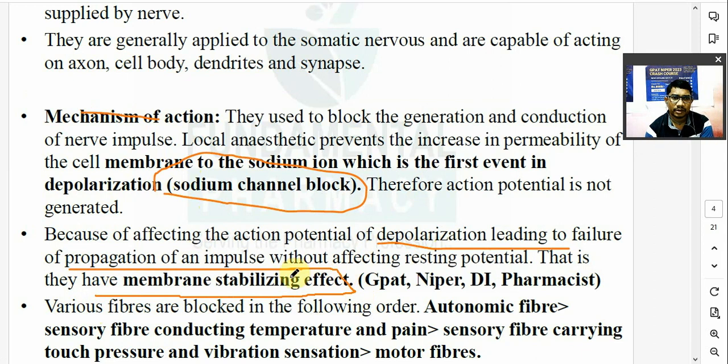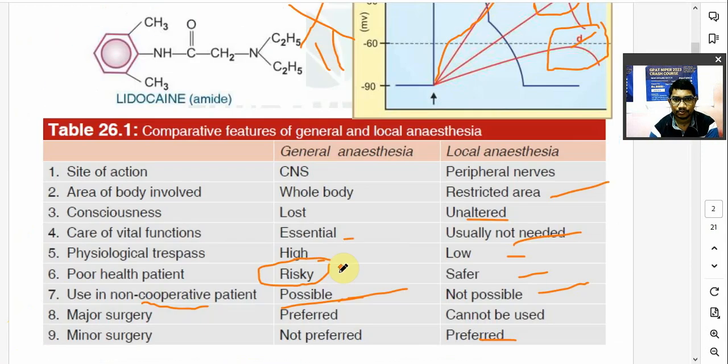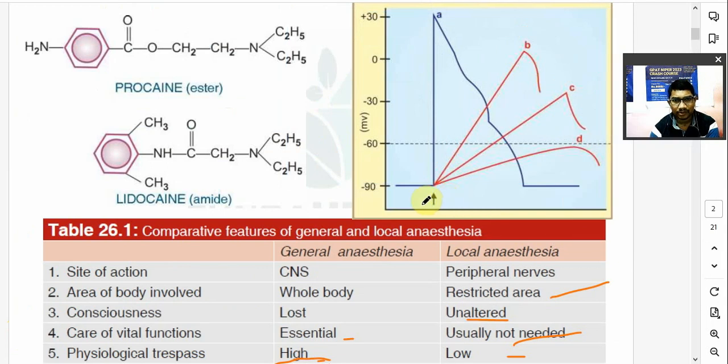Membrane stabilizing effect क्यों होता है? Because they affect the action potential of the depolarization leads to failure of propagation of impulse. So conduction ही कम कर दे, ठीक है? जैसे मैंने यहाँ पे दिखाया ना आपको, they are not affecting the generation of impulse, they are not affecting your resting membrane potential, but they decrease the conduction of nerve impulse.